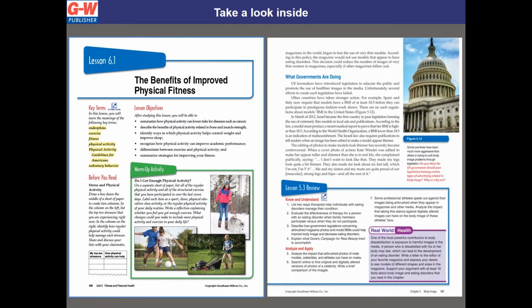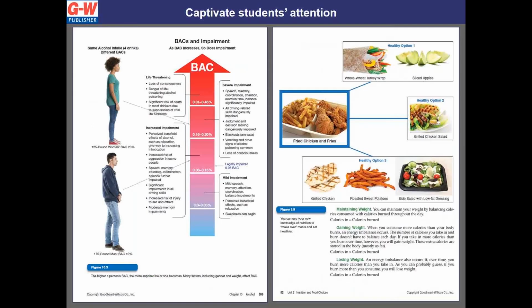By clicking on it, students could go to the companion website and do an interactive vocabulary activity to reinforce those key terms. And at the end of every lesson, there's always those text-dependent questions and a real-world health activity. Once again, by clicking on this activity icon, I could complete these text-dependent questions digitally and submit to my teacher.